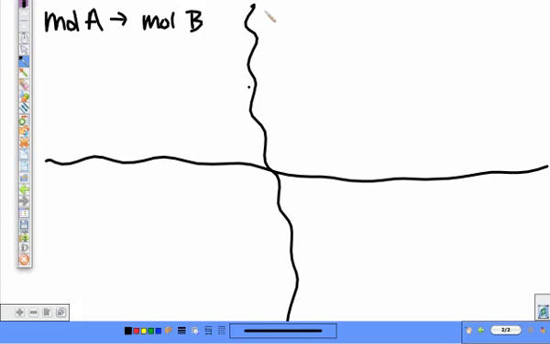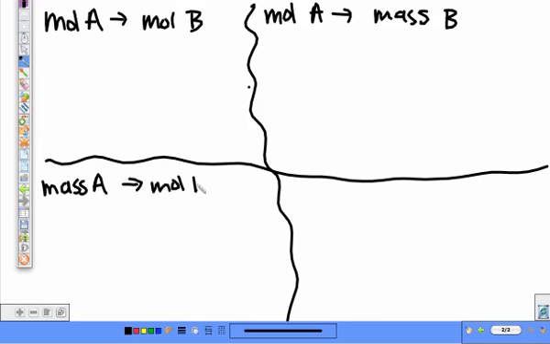We also have mole of A converting to mass of B. We can go mass of A to moles of B, or we can go mass of A to mass of B. So remember, this is all dealing with if we're actually changing compounds. We're starting with one compound, trying to determine how much of another compound we're using.